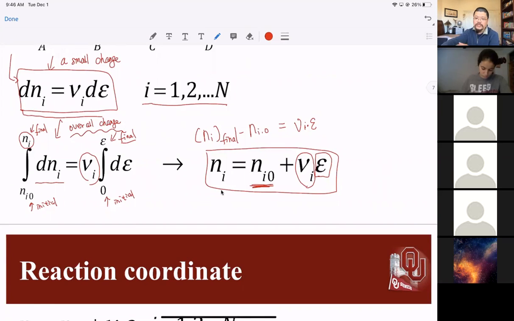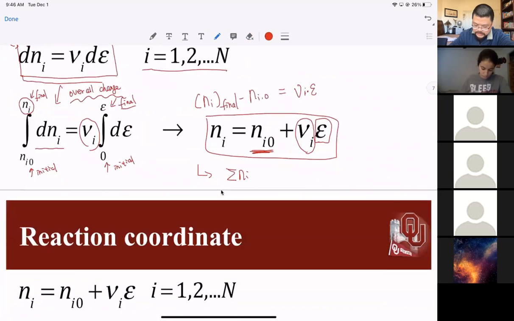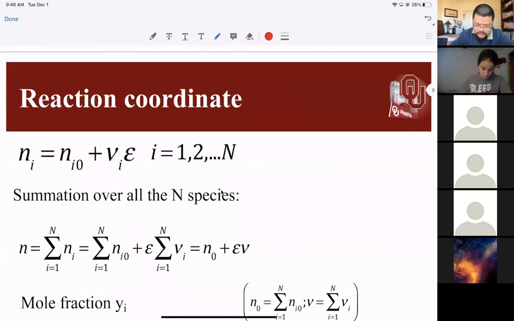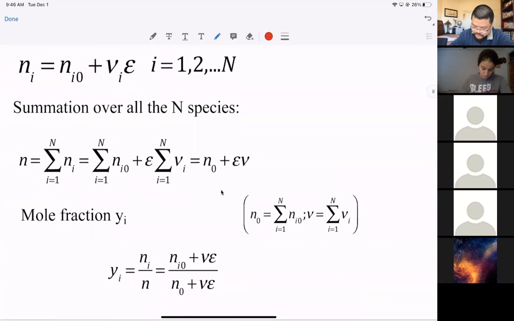So I hope you see that once we define the general expression of Ni, we shall move on and run the summation of Ni. Let's look at the total number of moles for the system. This is exactly what we will do on the next slide.